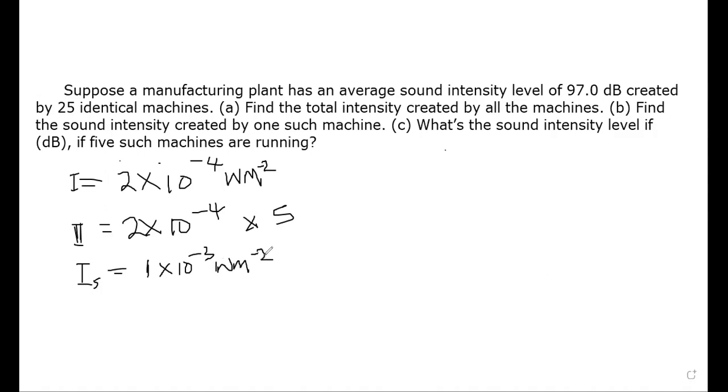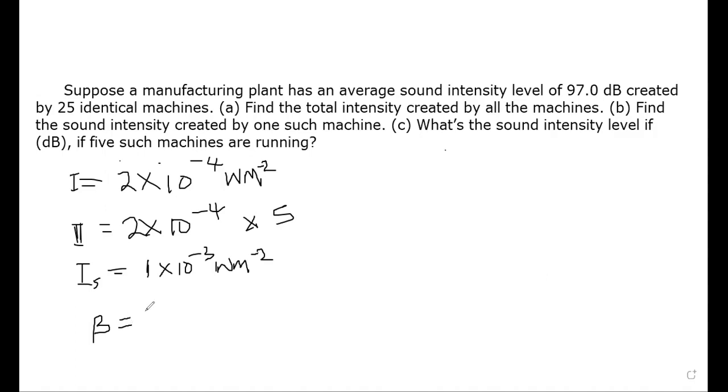But the question said we should find, what is the sound intensity level in decibel? So we are not looking for I, but rather we are looking for beta.